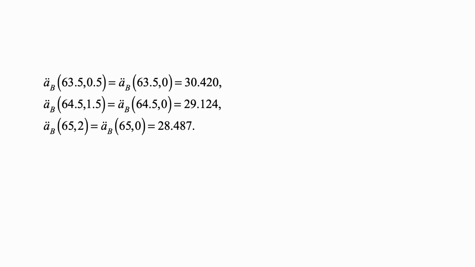And then ä_b(64.5, 1.5) is ä(64.5, 0), so that's 29.124 given in the problem. And ä_b at 65, 2, so 2 years in the future, but when Diane, the person in the problem, becomes 65, is the same as ä_b at 65, 0, so whatever that annuity is for a person 65 right now, it's the same, and it's 28.487 given in the problem.